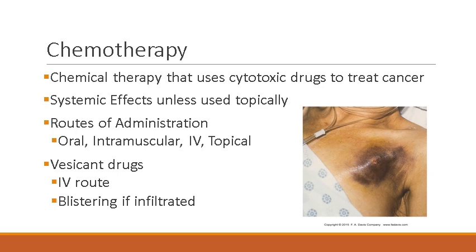So that darkened area that we see on this patient, they had a port that had leaking that happened, and it was a vesicant chemotherapy drug, so it caused the tissue around it to have necrosis or die. Usually this happens mostly when the drugs are given intravenously, and sometimes they'll get some blistering as well, especially if it's an infiltrated IV site.